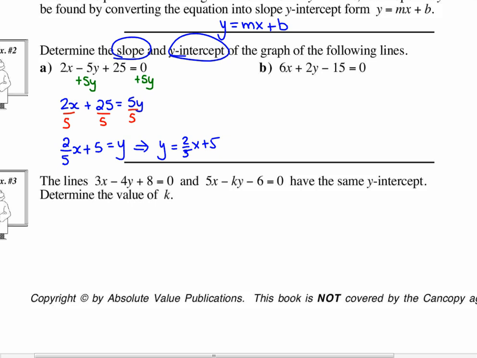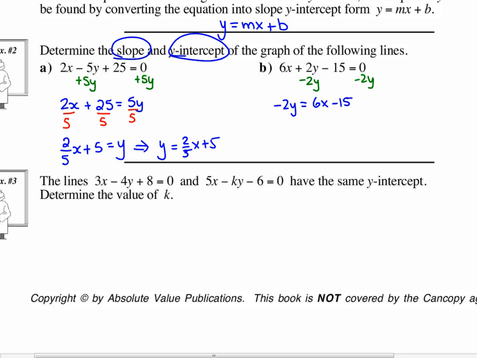So like this guy, what are we gonna do first? Minus 2y. So instead of writing 6x minus 15 on the left and negative 2y on the right, could we just write negative 2y equals 6x minus 15? That's what she was asking. Yeah, because we like y on the left.